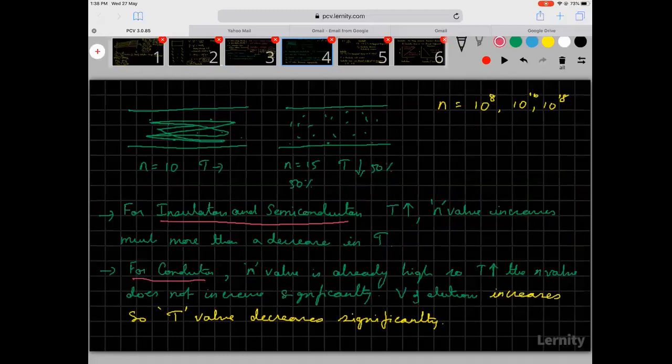In a conductor, the n value is already high, so as temperature increases, n does not increase significantly. But as temperature increases, kinetic energy increases, so the velocity of the electrons increases. So the tau value decreases significantly.